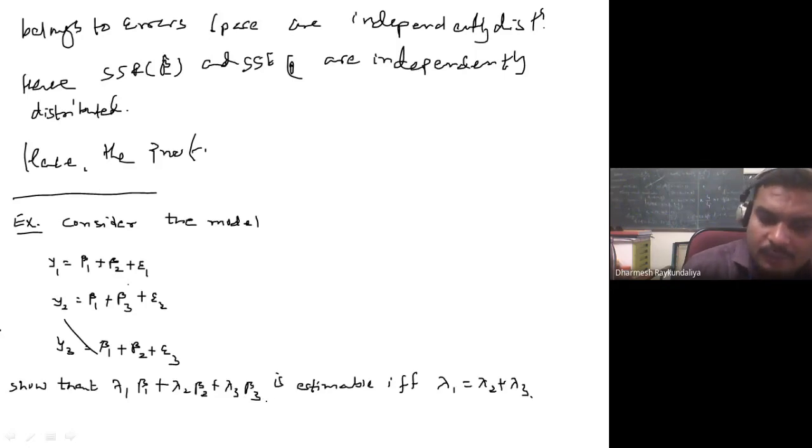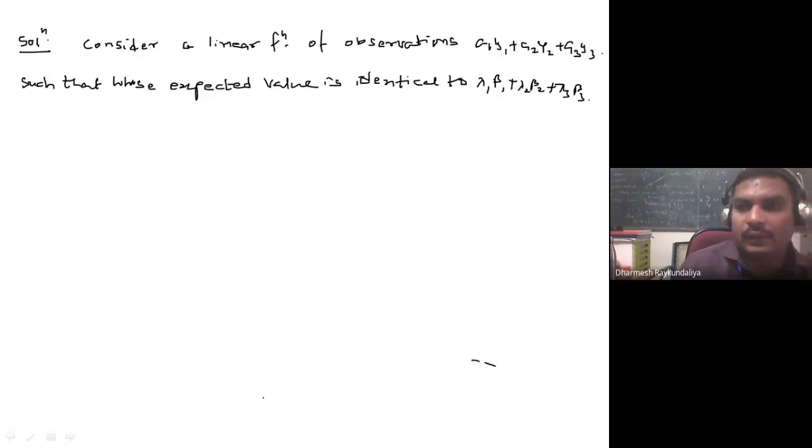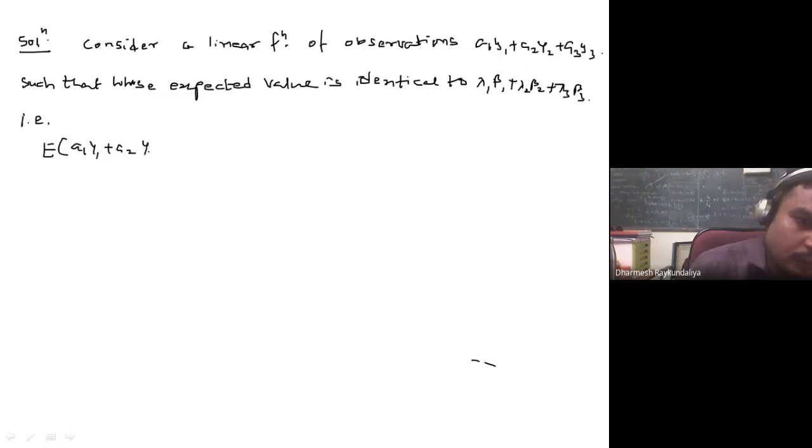If it is estimable, by definition there exists a linear function of observations, say a1 y1 plus a2 y2 plus a3 y3, whose expected value is identical to lambda dash beta. That is, expectation of a1 y1 plus a2 y2 plus a3 y3.